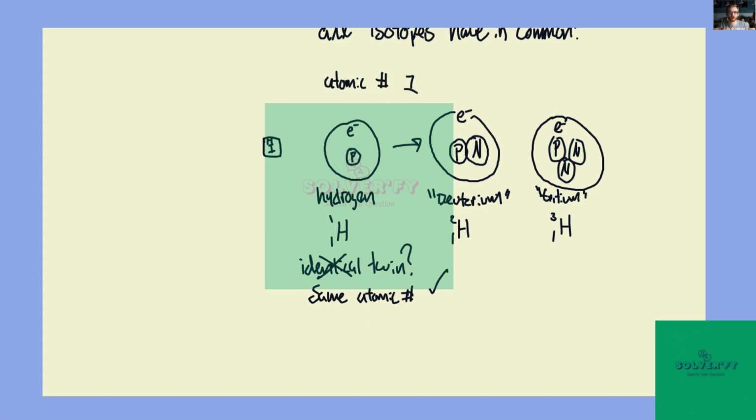All right. They have different numbers of protons. No, no, they don't, right? Going from hydrogen to deuterium to tritium, we see that one proton, one proton, one proton. What would happen if we added another proton to hydrogen?